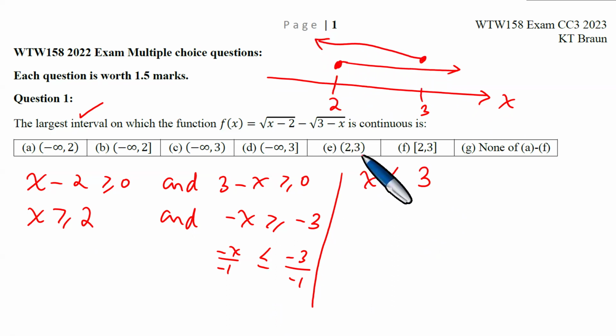Both must be true, so our solution lies between these two extremes, and therefore we have 2 less or equal to x, less or equal to 3. And this, therefore, is the answer.